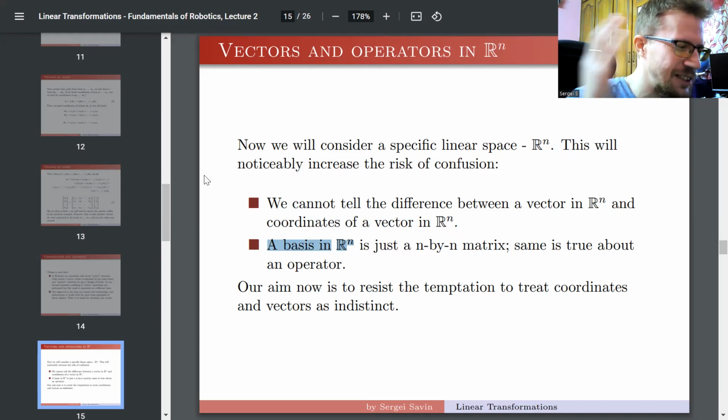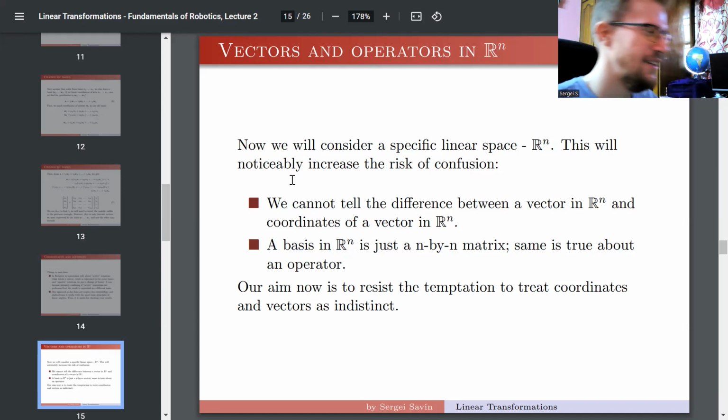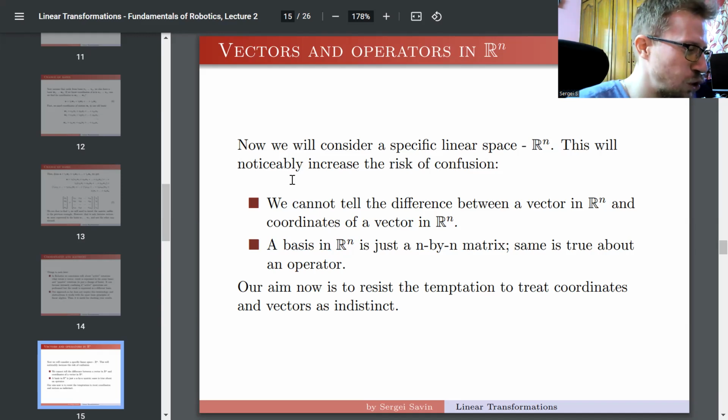Operators and matrices are the same thing, which is true in many ways, and it works. But for us, we need to see the distinction. And believe me, it helps when we do geometry. So we will resist trying to mix them up.